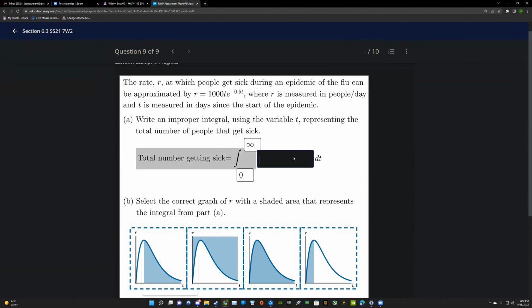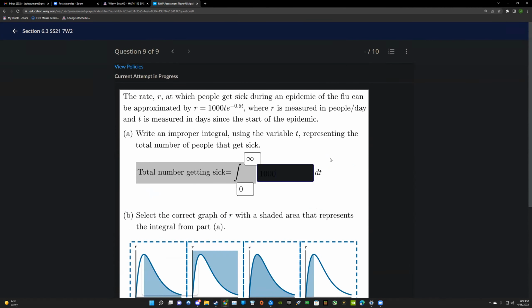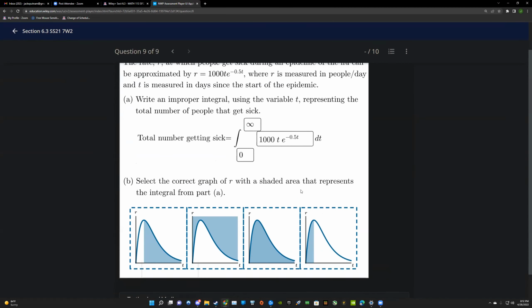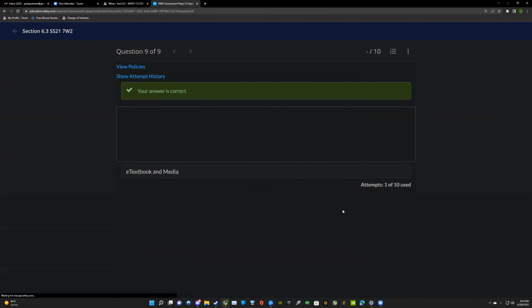And then 1000 TE, it's that function that's given. So the correct graph is the third one there, where it shows the area under the curve and it goes out to infinity.